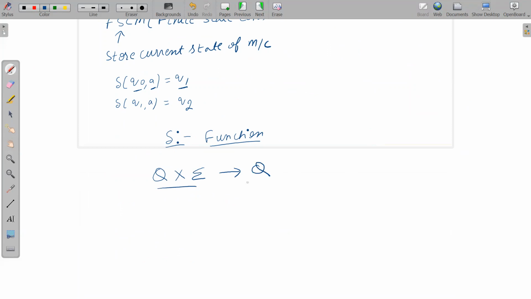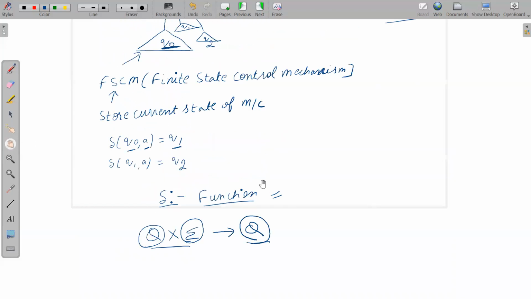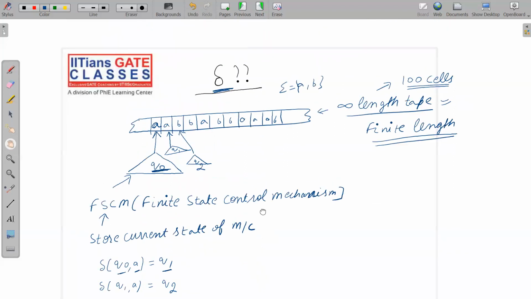We are moving to some state now. So the FA is at some state Q, it has read some input symbol, then it will move to some state. So delta is just like a function from Q cross sigma to Q, roughly. So this is all about delta. I hope I have made the point clear to all of you.